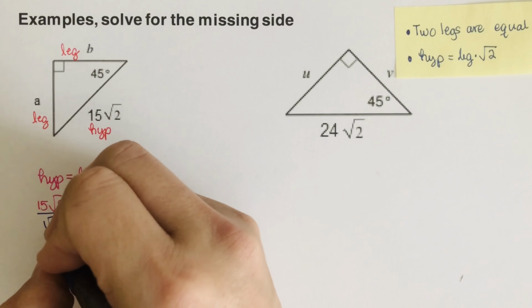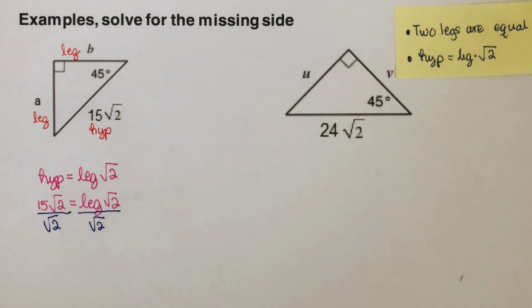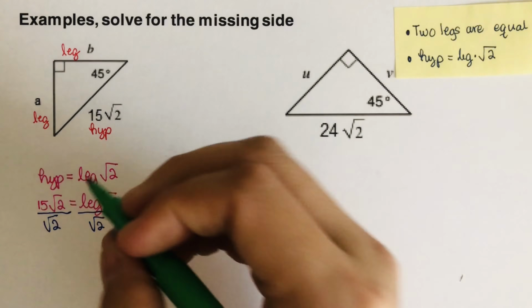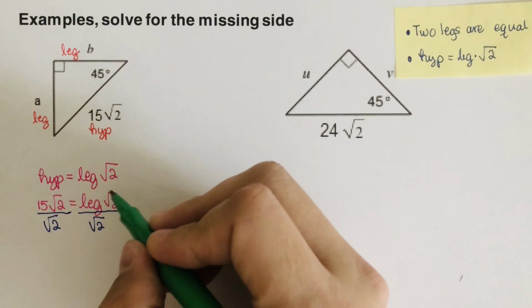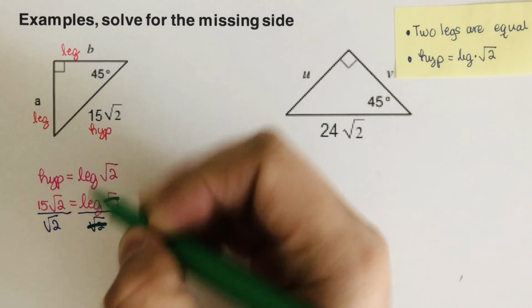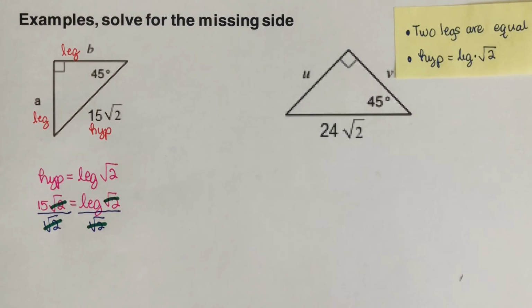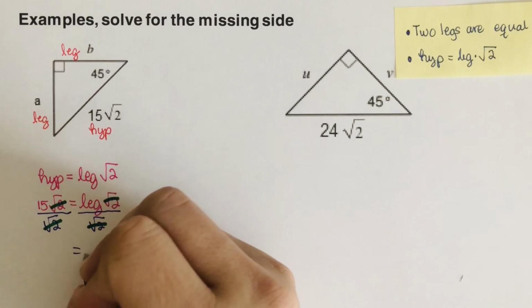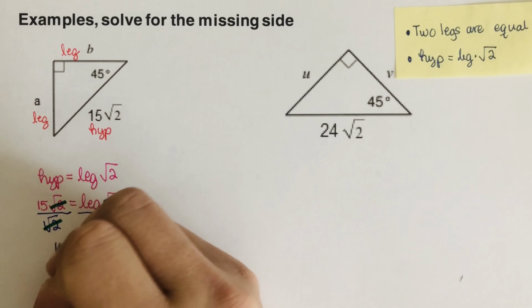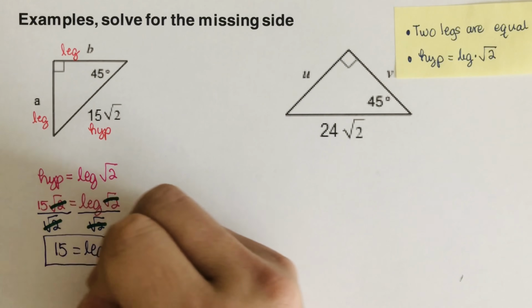Then from here, we can cross out the square root of 2 and square root of 2 here, and also cross out the square root of 2 and square root of 2 on the other side. So our leg is equal to 15. Our leg is 15.